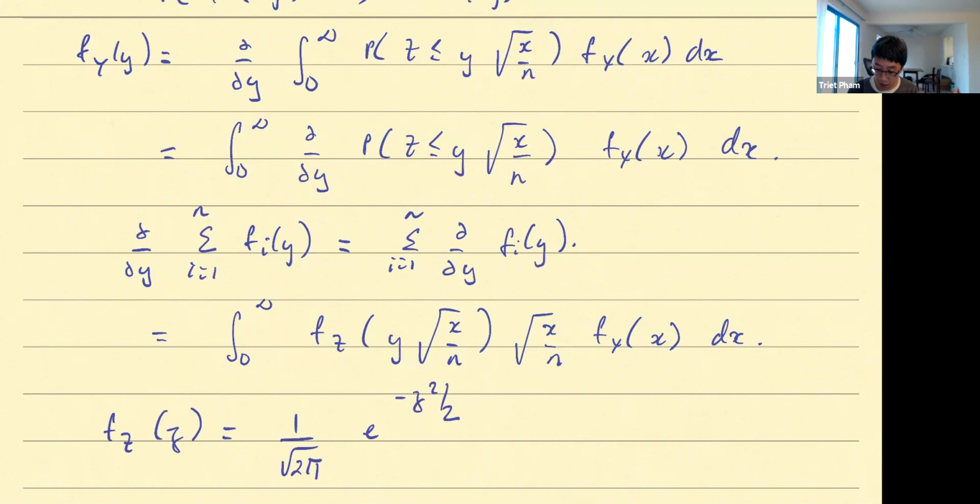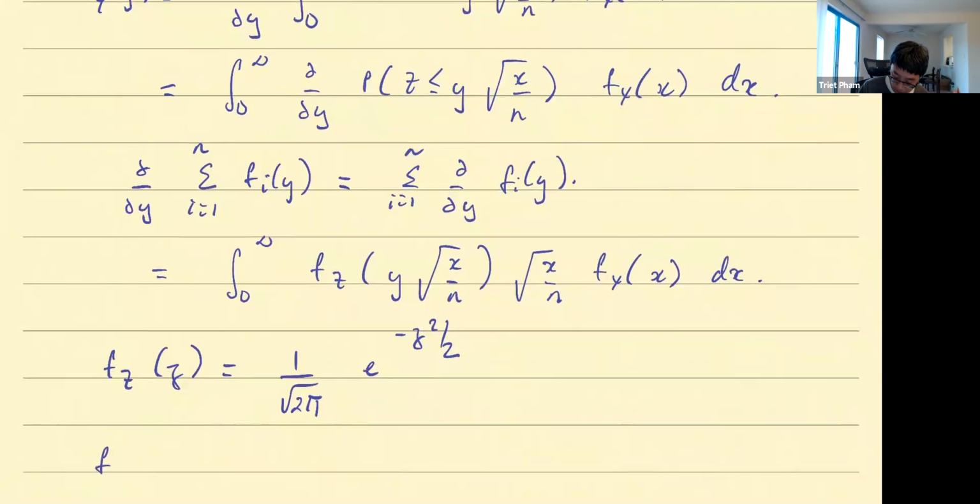What about the density of a chi-square with n degrees of freedom? Does anyone remember what that is? I believe it's going to be x to the, actually, I don't remember. Let me look it up.